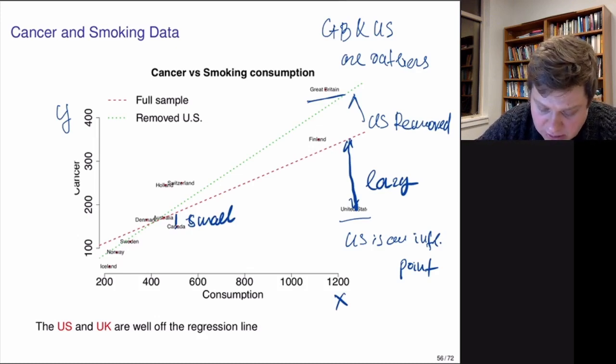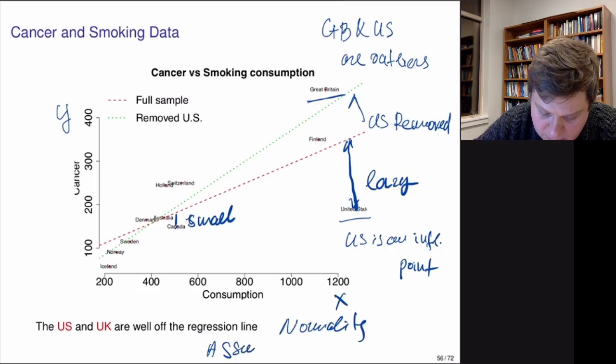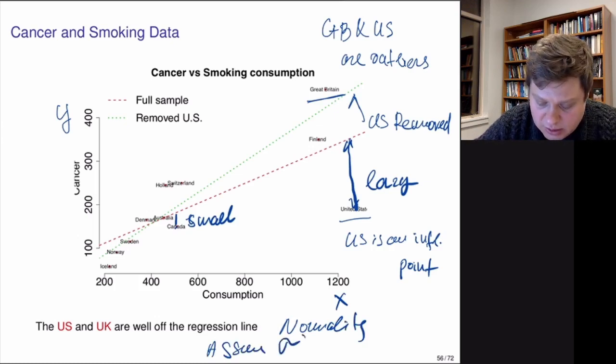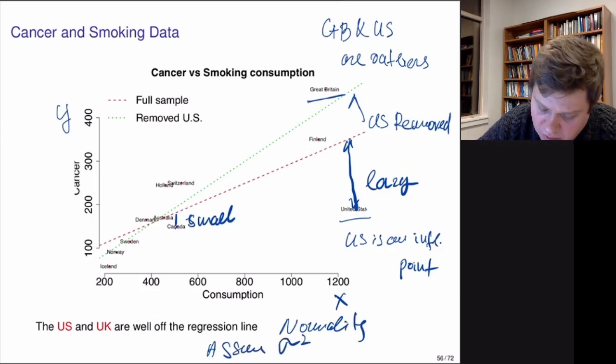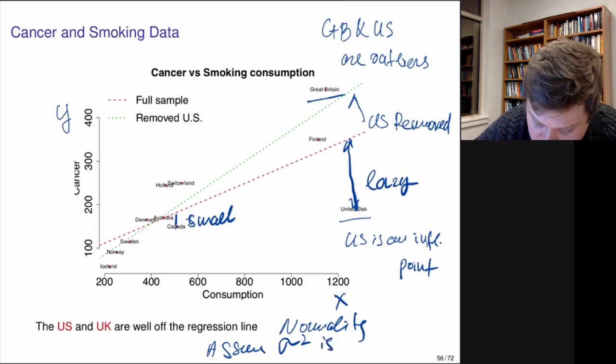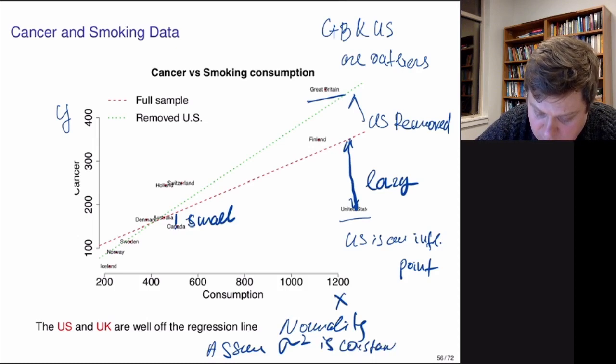So looks like the assumption that sigma squared, which is the deviation of y from y hat, is constant, is violated.